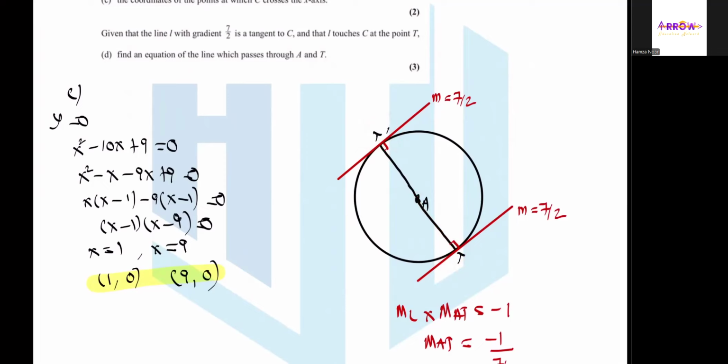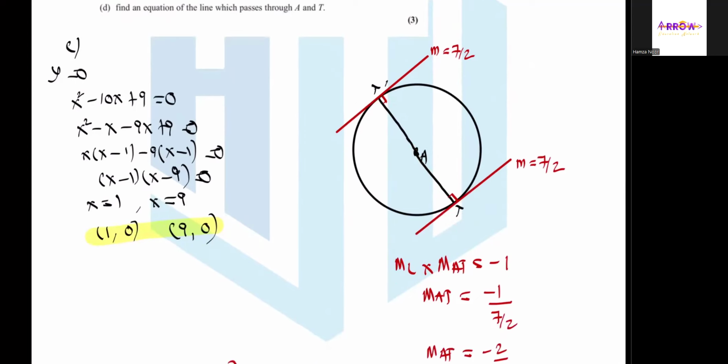Okay, so first things first, we already know that the angle between the tangent and the radius is always equal to 90 degrees, since the radius is always perpendicular to the tangent. So it's basically the concept which you have been studying since O level and IGCSE mathematics, which we have also used in P2 over here.